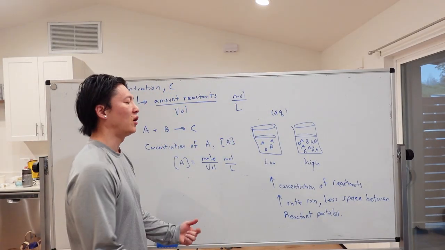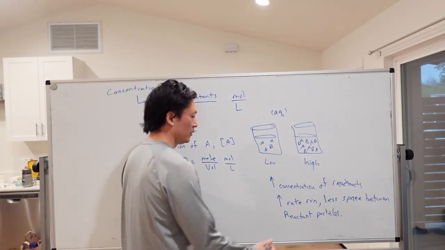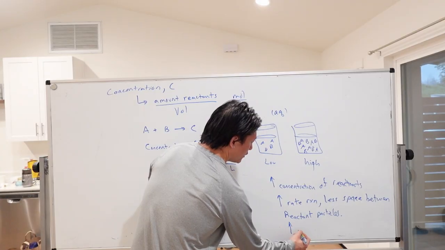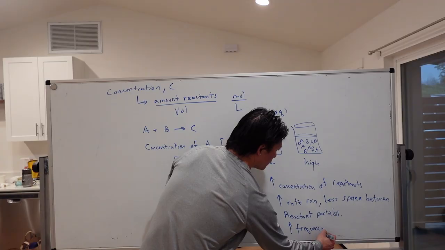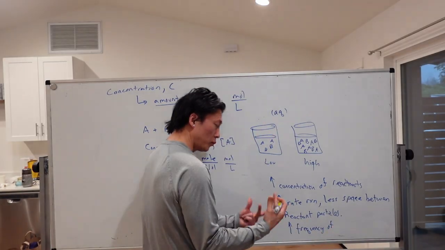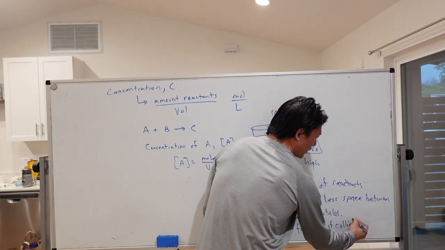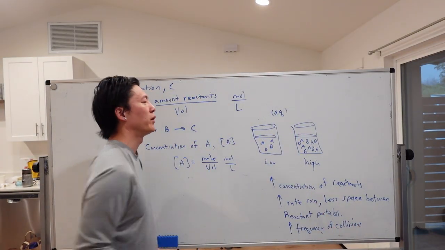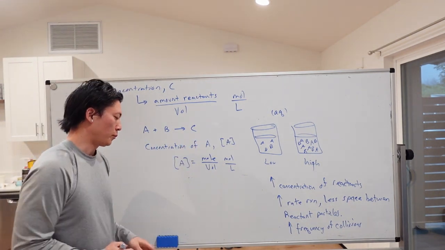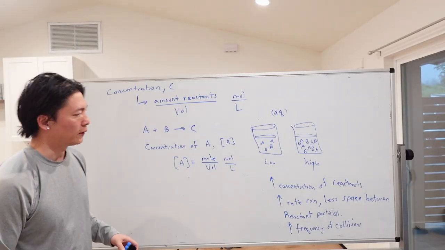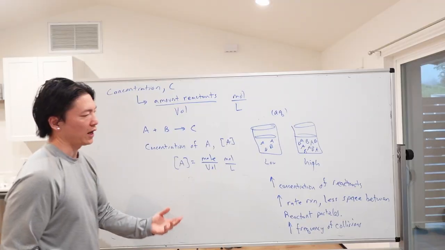And then of course this causes a higher frequency of collisions, so this increases the frequency of collisions between reactant particles. And remember, collisions occur between reactants in order for them to become C particles or product particles. This is the same explanation actually, okay?